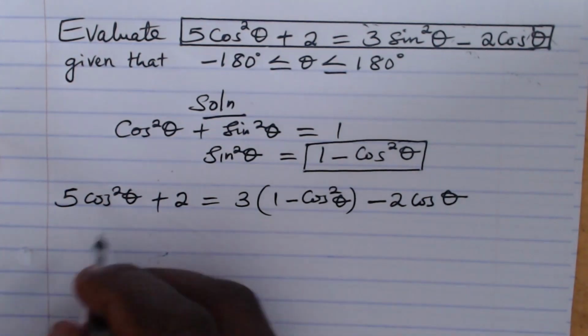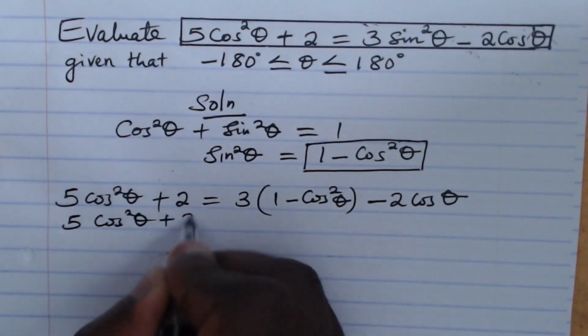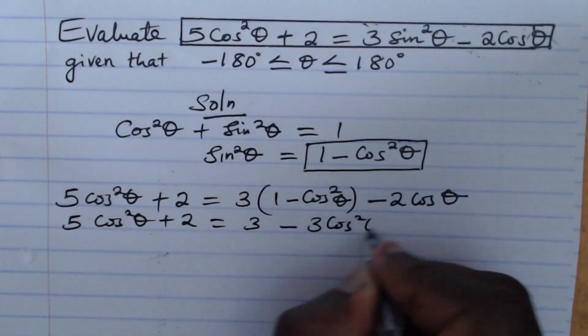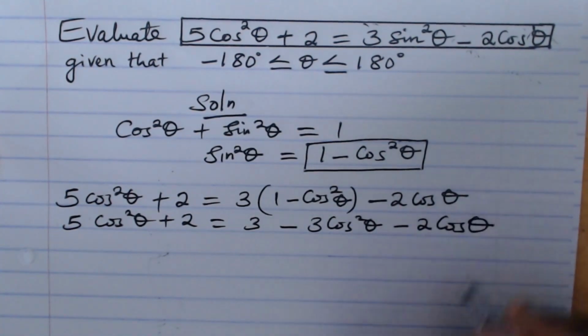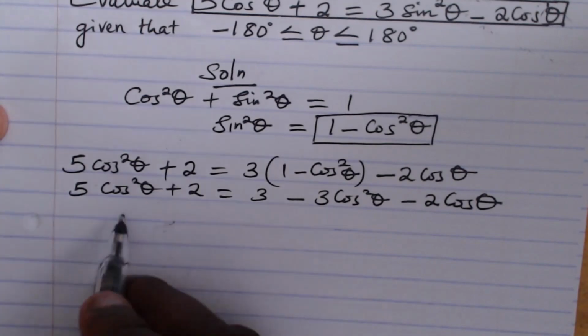This gives 5 cosine squared theta plus 2 is equal to 3 minus 3 cosine squared theta minus 2 cos theta.